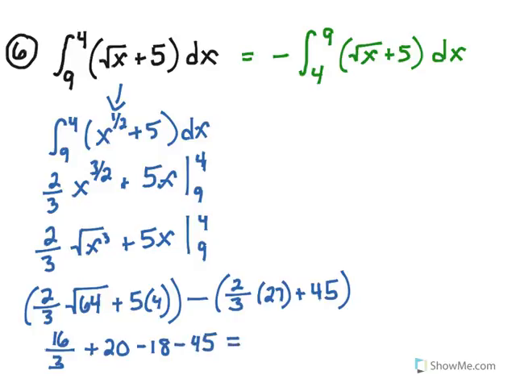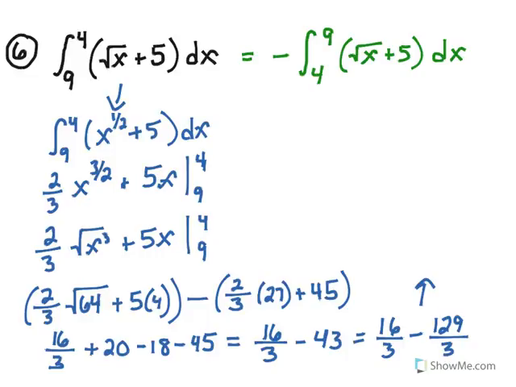So it looks to me like we're going to get a negative answer here. If I do the integer part first, I'm going to get negative 43. So we have 16 over 3 minus 43. If we get a common denominator, we have 16 over 3 minus 129 over 3.